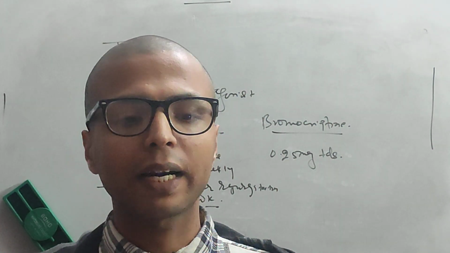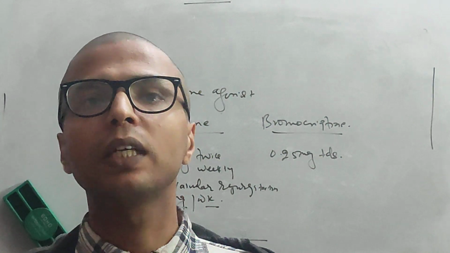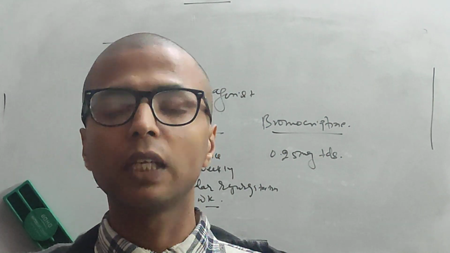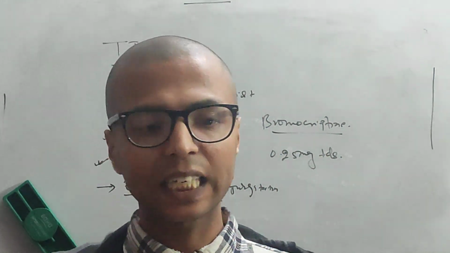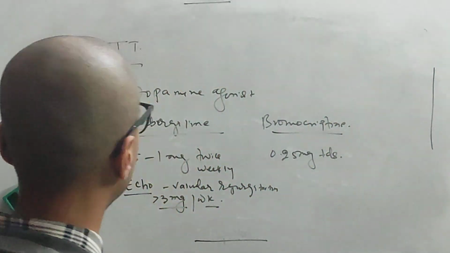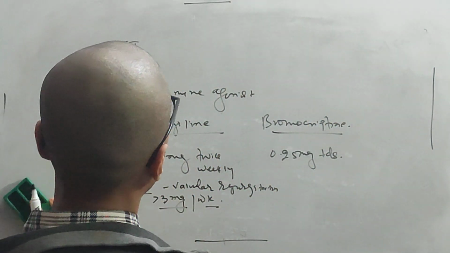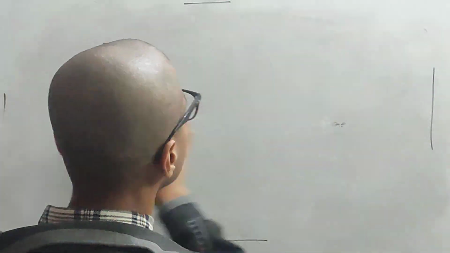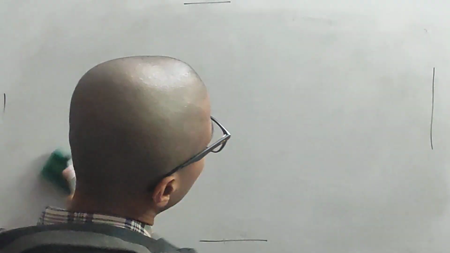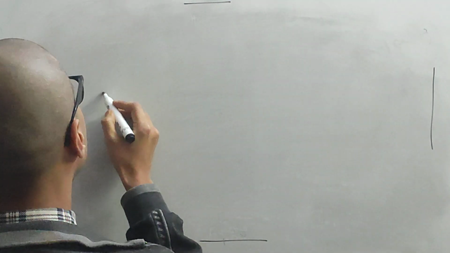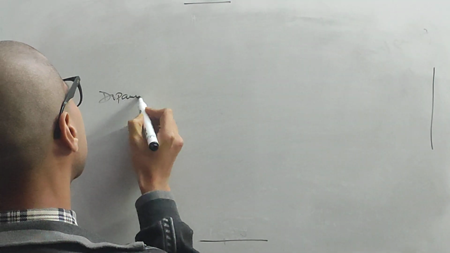But in case of Parkinson's disease, you might have seen that we can go up to 2 mg, 3 mg per week. In those cases, you can see valvular regurgitation. Okay. So one is medical management. For symptomatic improvement, you can give dopamine agonist.